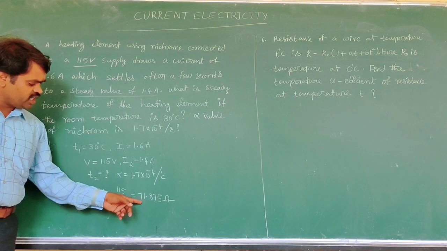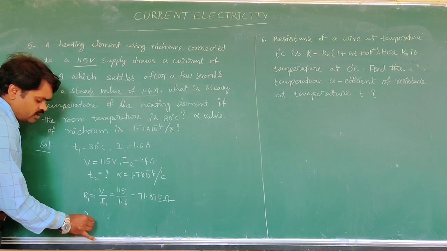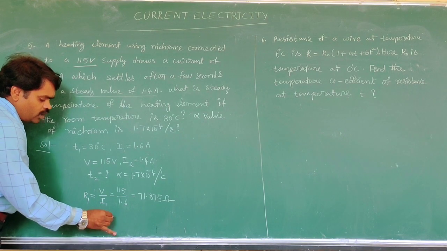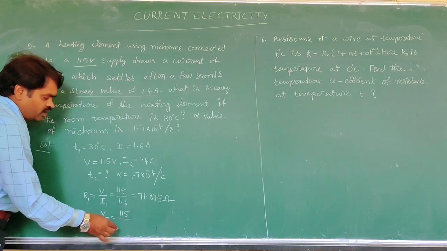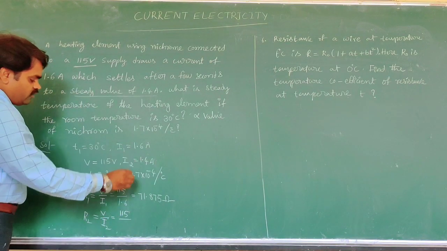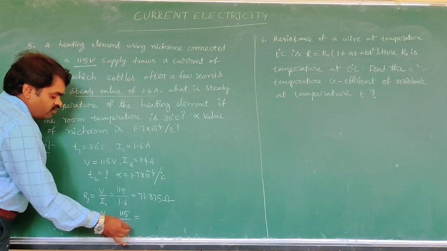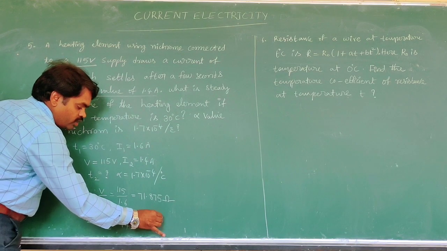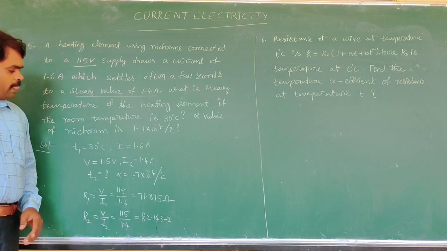Now R2, that is V by I2. Now potential is 115 volts by the current at steady state, 1.4, then its value is 82.143 we got. We calculate this by simple division.